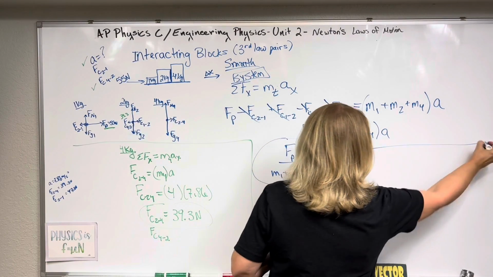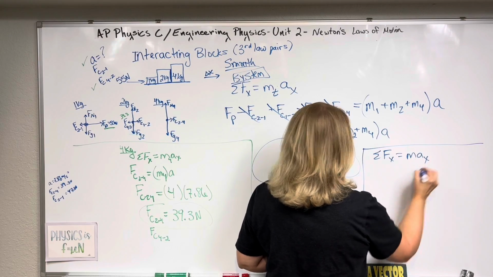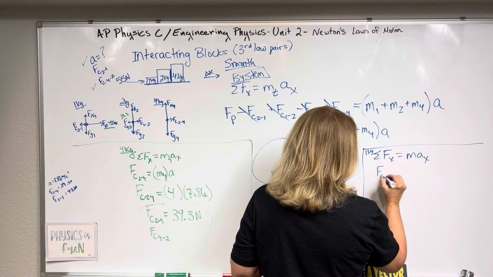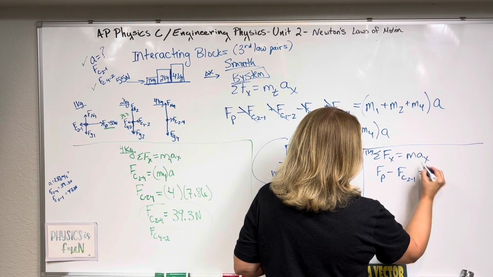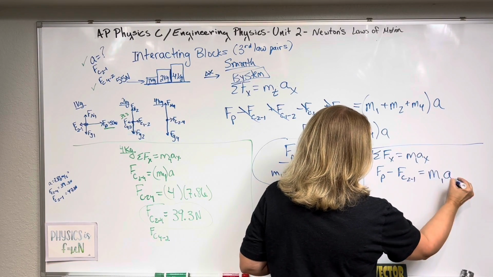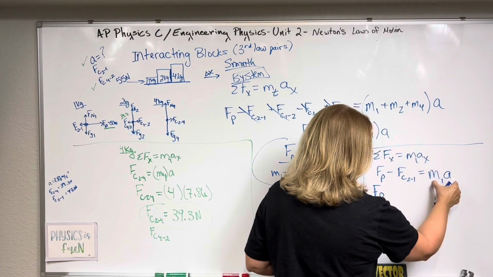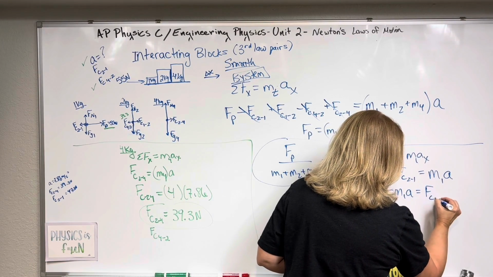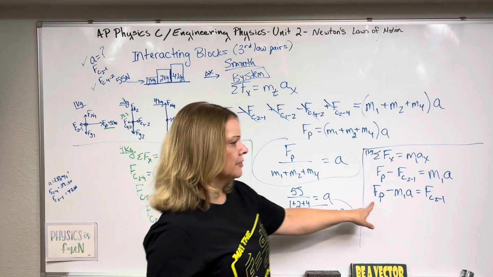So I'm going to draw another block, and I'm going to do the sum of the forces in the x on that individual block of 1 kilogram. Well, it has the force of the push to the right. It has that force of contact of the 2 on 1, equals the mass of only the 1 kilogram block times acceleration. So I'm going to subtract this expression over: push minus mass 1 times acceleration equals that force of contact of 2 on 1. Now, I already know my force and my push.